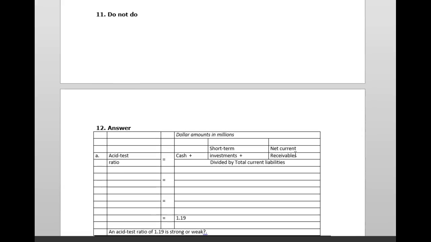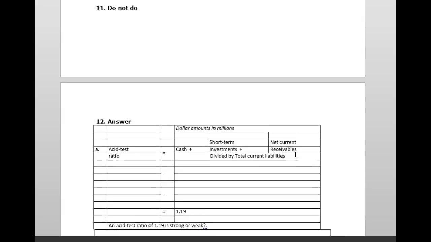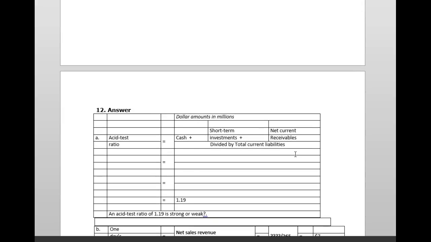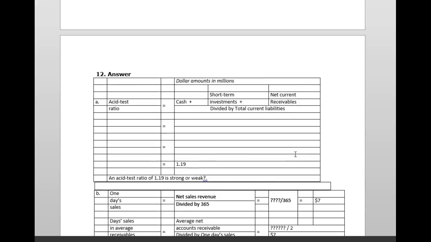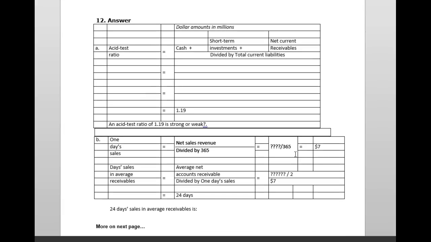And we're skipping 11, and we're doing 12. And 12 is looking at ratios. And ratios are fun because that's why we do the financials, so we can do some ratios and do some comparison and see how well the company's doing. There's the acid test ratio, and we actually give you what you need to do.